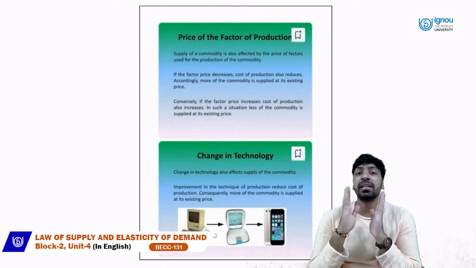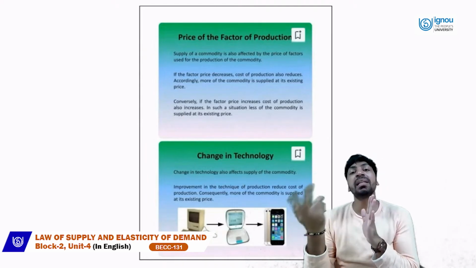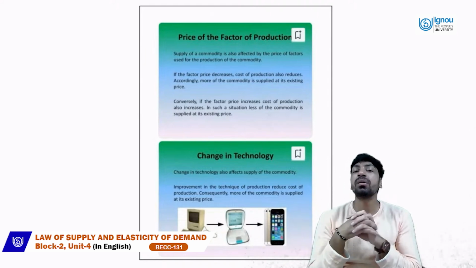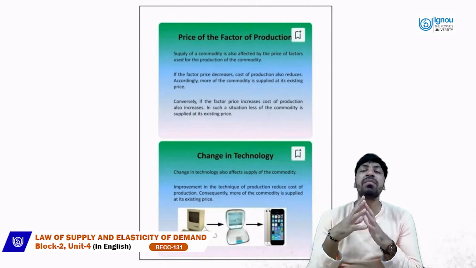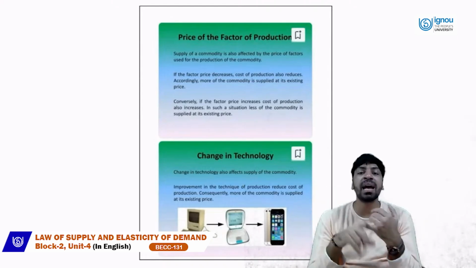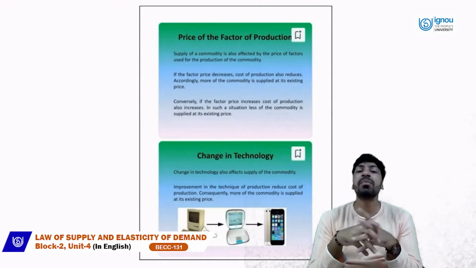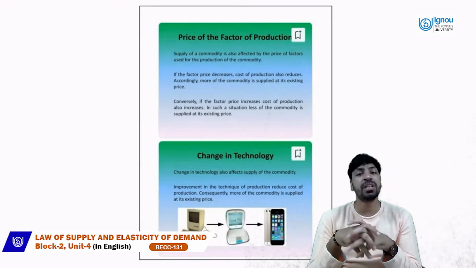That means the price of the factors of production will ultimately influence the supply of a particular commodity. Let's say if the prices of factors of production like land, labor, capital would get reduced, automatically their cost of production would also get reduced.